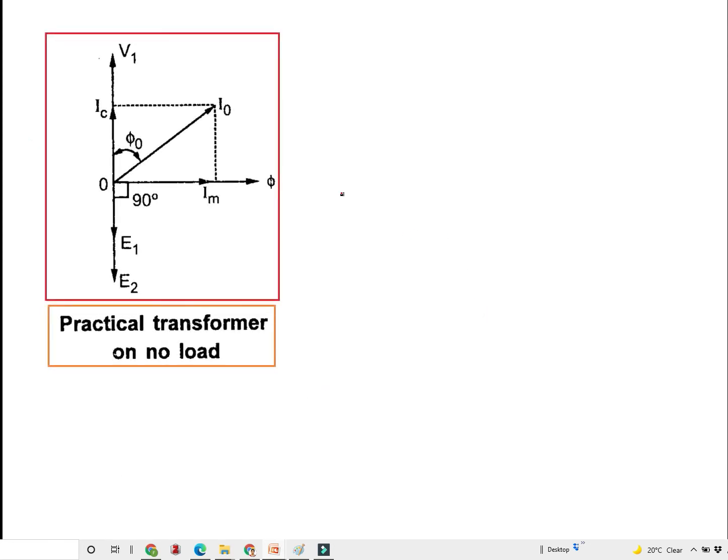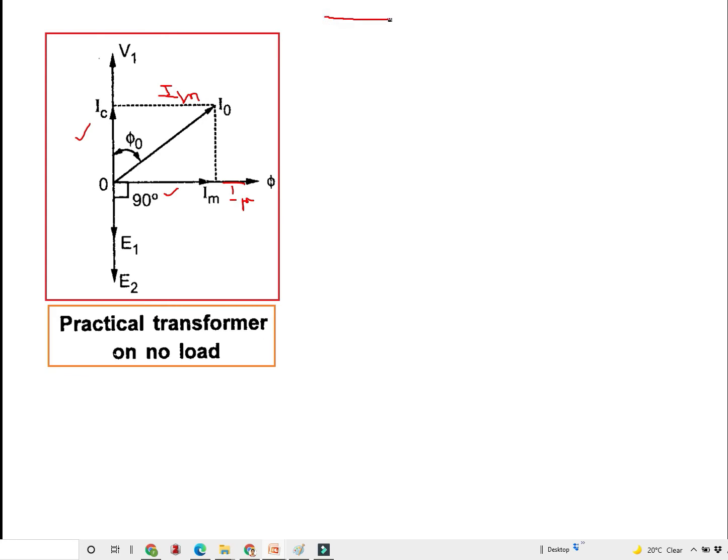See, this one is phi naught, IC or IW, IM or I mu. Please understand, both are the same only, okay? Now my aim is to find the values of IC and IM in terms of I naught. It looks like a rectangle, no? The same length here will be here. So I can say the length of the opposite side is IM, and the adjacent side is IC.